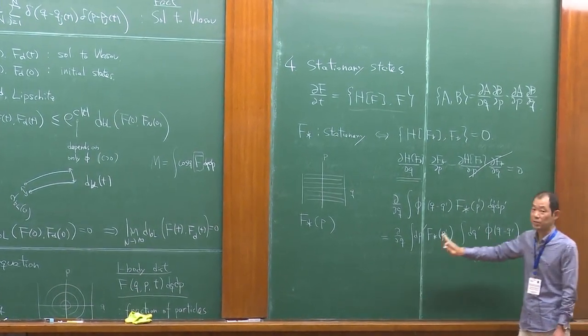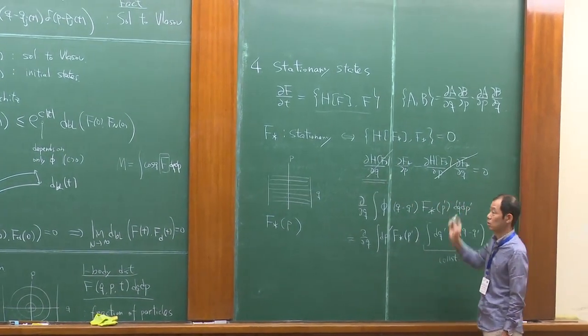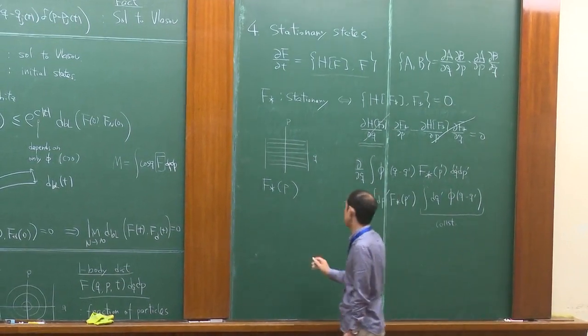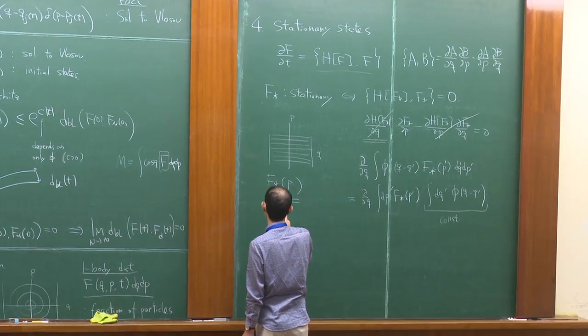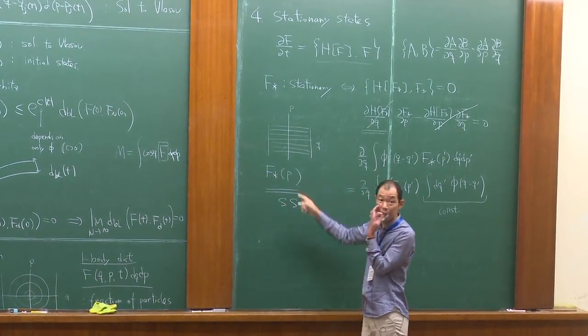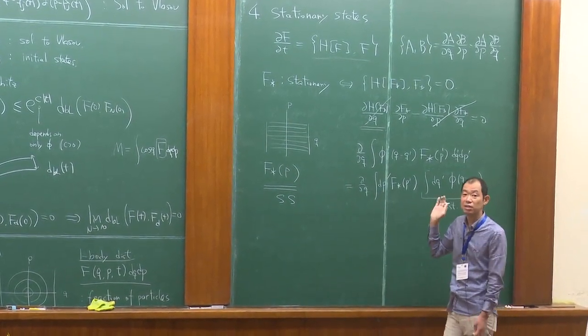And then we have a derivative, so this part is also 0. So it means a uniform distribution is always a stationary state. So for any function of p, they are stationary.